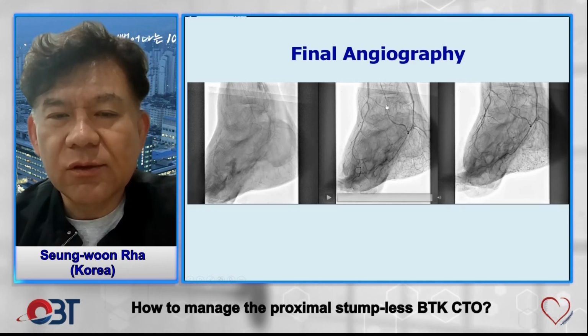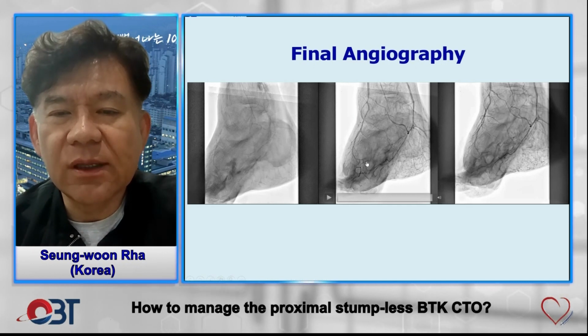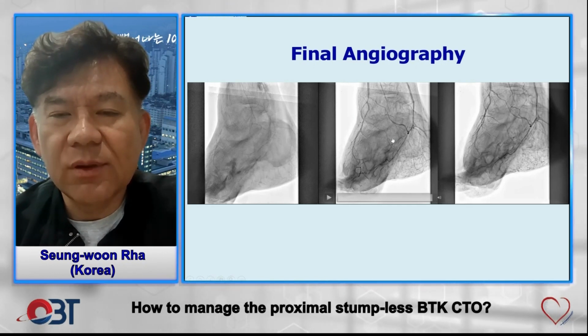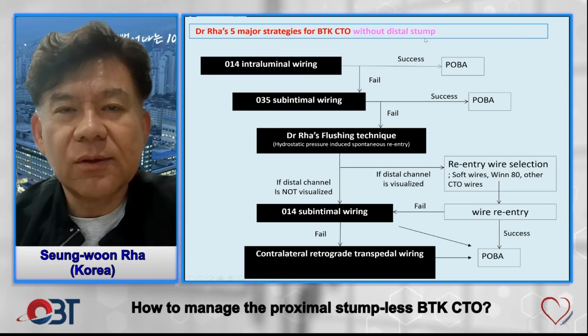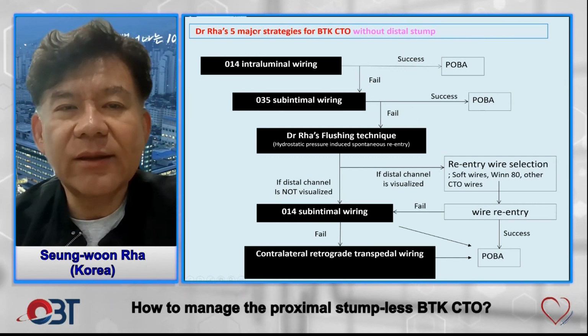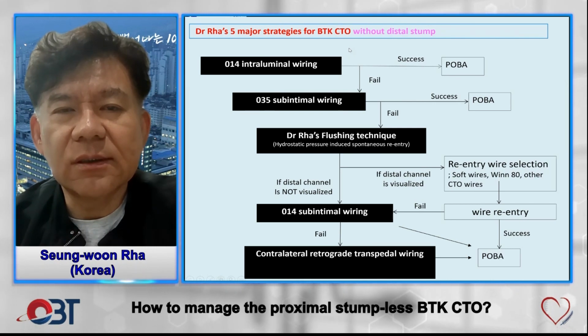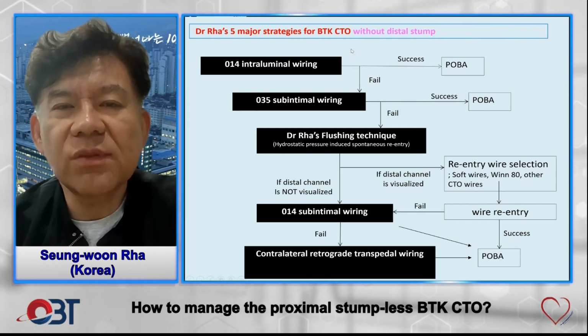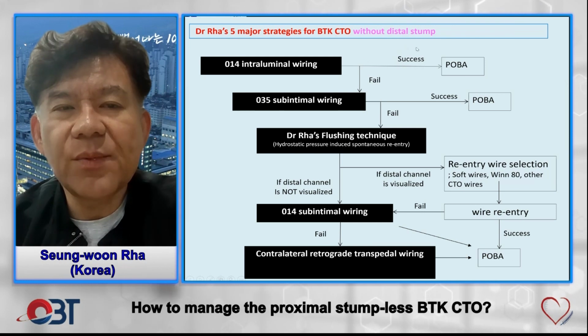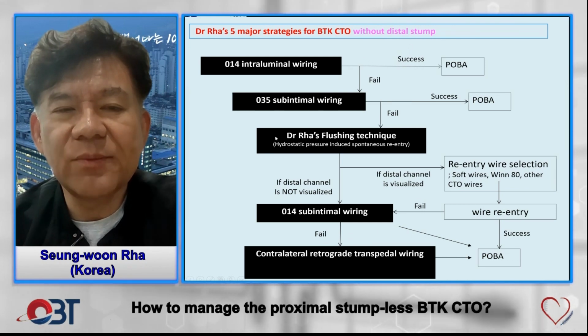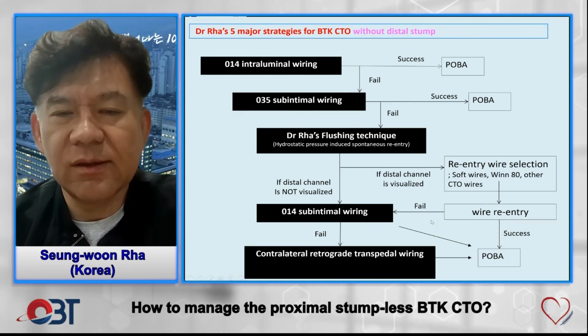Baseline observation of the distal loop arch must be very important. Okay, I will summarize. I showed you just two cases of stumpless, proximal stumpless, but for the distal stumpless I also developed a 5 method to find out the distal no stump cases.